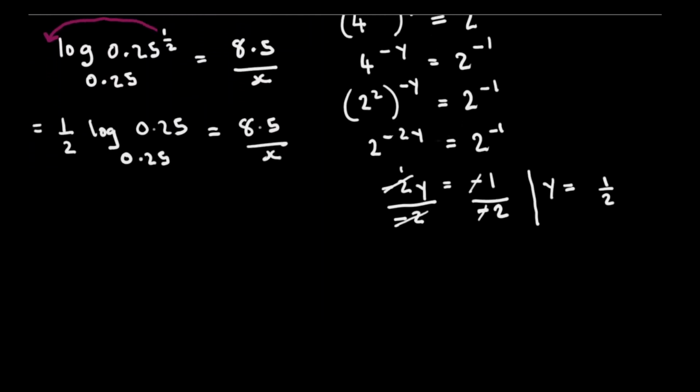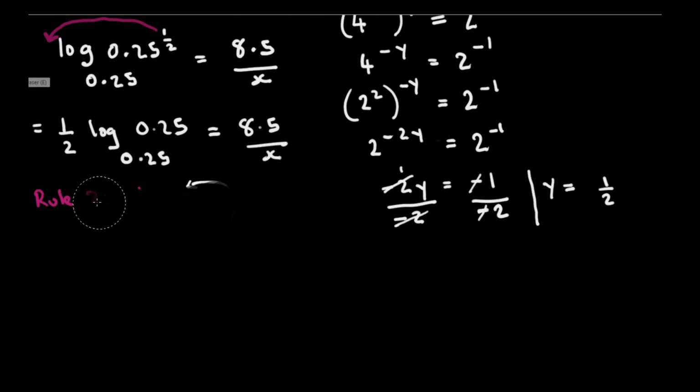Now, we should also appreciate another law of logarithms. Let me say rule 2, which states that log of a base a is equal to 1, after the fact that a raised to the power 1 is equal to a.